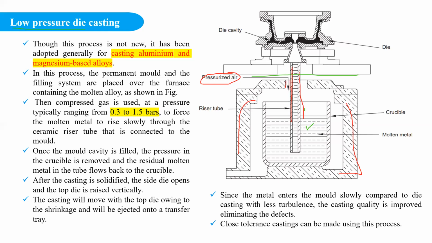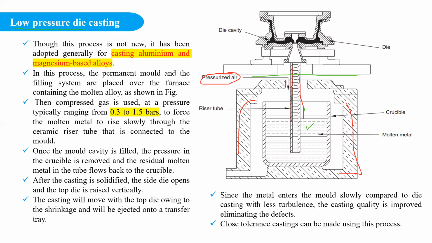In high pressure die casting, the molten metal is injected into the die with high pressure. If the pressure is high, there will be high turbulence. If the turbulence is very high, there will be a poor surface finish and a chance for casting defects. That is avoided by means of the low pressure die casting process.